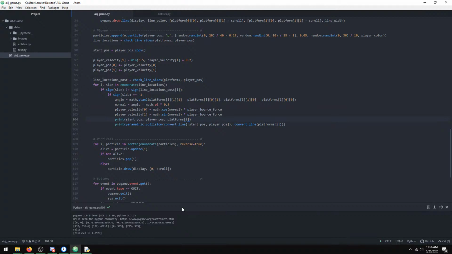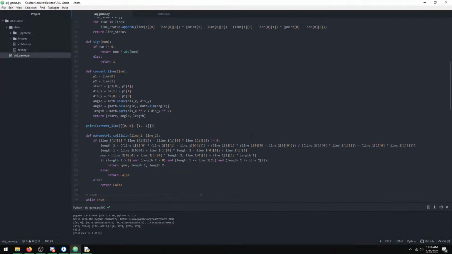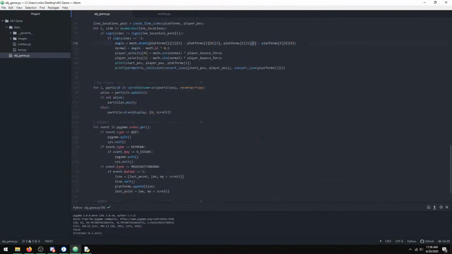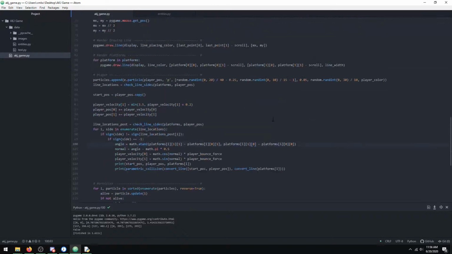Why are there 3 lines of output? There's only 2 print statements. Is there print in one of these? Oh, that's just from the convert line, okay. Oh, those are just positions.